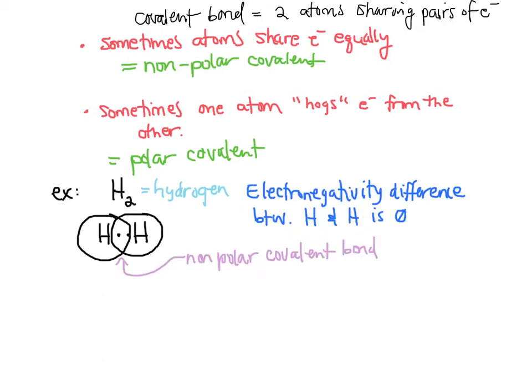We would consider the bond between two hydrogens a nonpolar covalent bond because they share those electrons equally. Here's a picture of what the electron density around two hydrogen nuclei would look like. You've got roughly an equal density around each because they're sharing that pair of electrons pretty equally. So that's a nonpolar covalent bond.